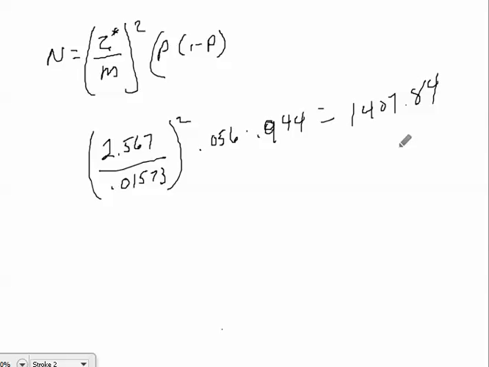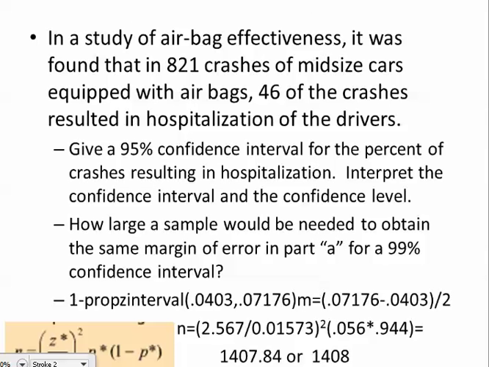We can't have 0.84 of a situation we're looking at, so 1408. That'd be the number I'd be looking at. So that's what I would do if I were trying to calculate this all out.